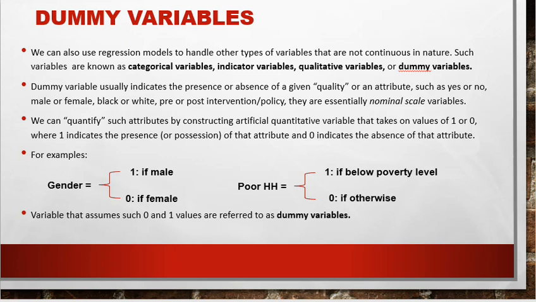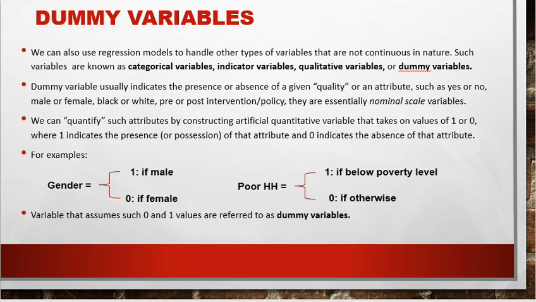Now, a dummy variable usually indicates the presence or absence of a given quality or attribute in question, such as if you ask people to answer a question, maybe in a questionnaire, and they have to indicate yes or no. So you can decide to group the people that answered yes and those that answered no, or male or female in terms of gender, or white or black.